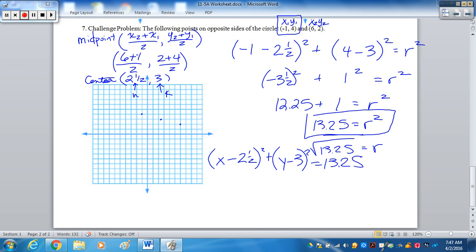Okay, and so there you go. You've got the equation. Now, to graph this out, I'm going to take the square root of 13.25, and that gives me approximately 3.6.